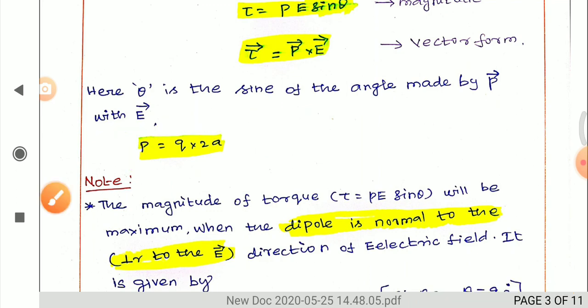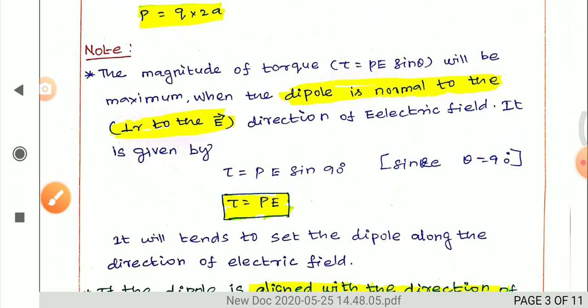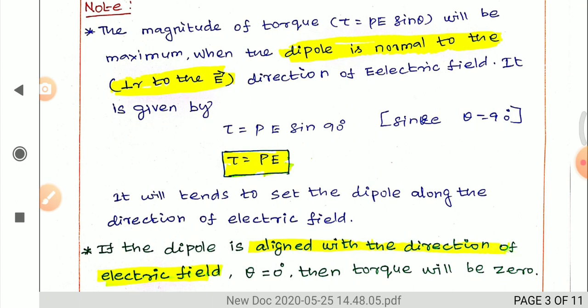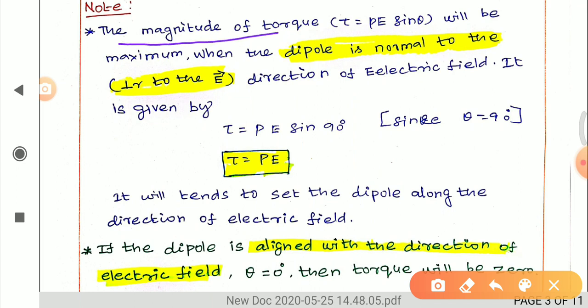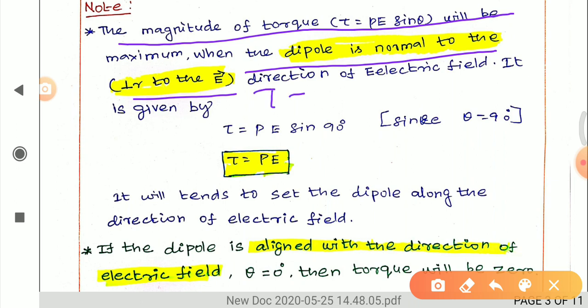Then what are the important points we have to remember in this concept of torque experienced? The first point is that the magnitude of torque will be maximum when the dipole is normal or perpendicular to the direction of the electric field. Already we know the formula for magnitude: tau is equal to P E sin theta.